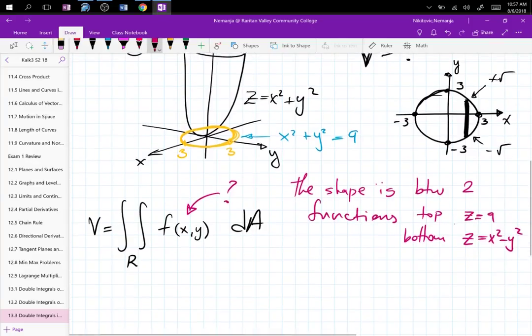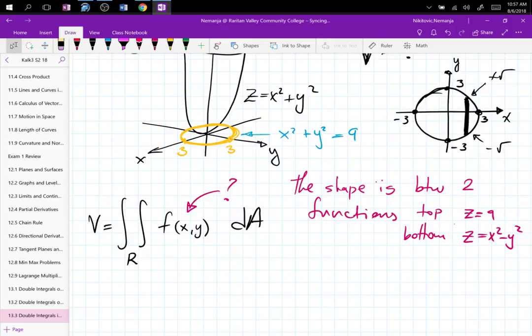So you are going to do the same thing you always did in the past, which is top minus bottom. So our f(x,y) must be 9 minus (x squared plus y squared).